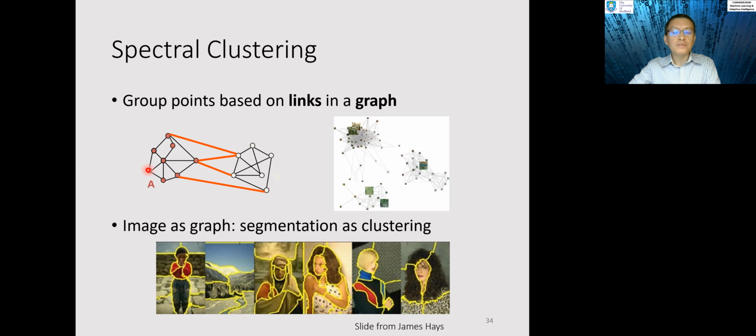And then the separation of the graph is basically a clustering that segments the image into different regions.